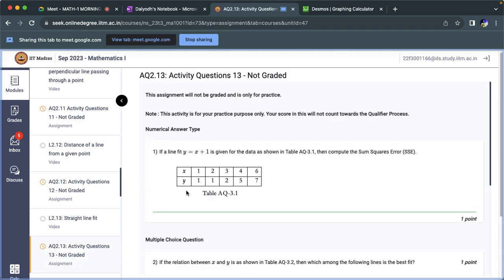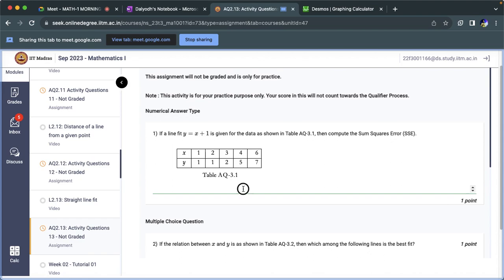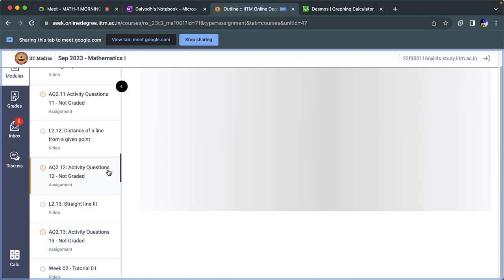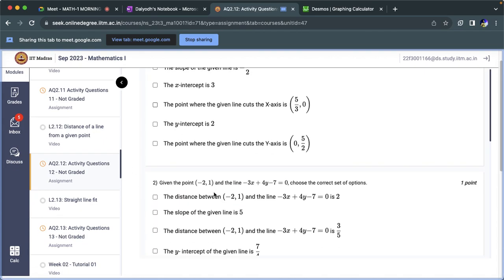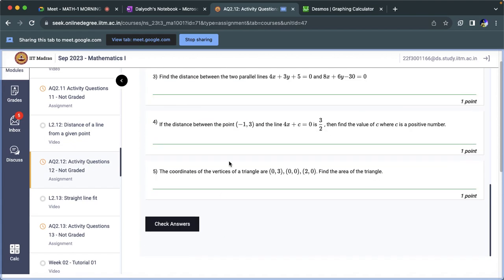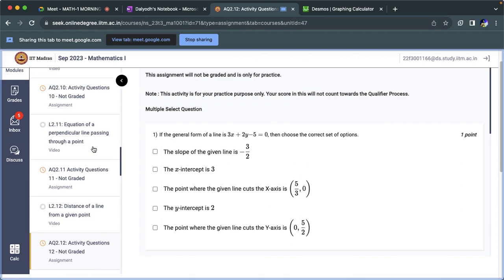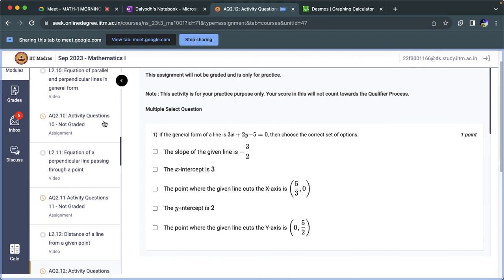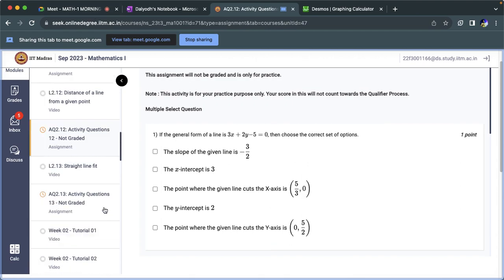Are you able to solve these sum of squared errors? Yes, sum of squares is easy, so no issue with solving this. If any doubt, you can ask me. For the week two activity questions, till now I'm fine.